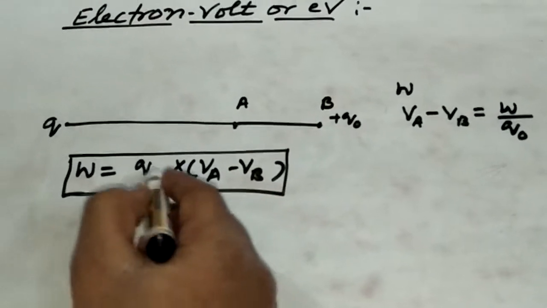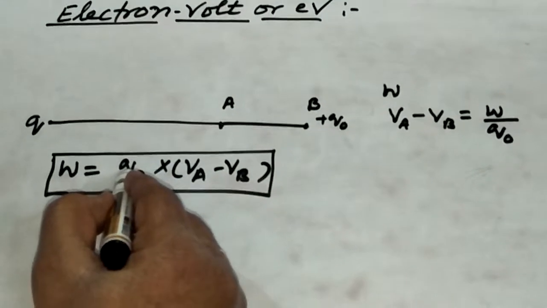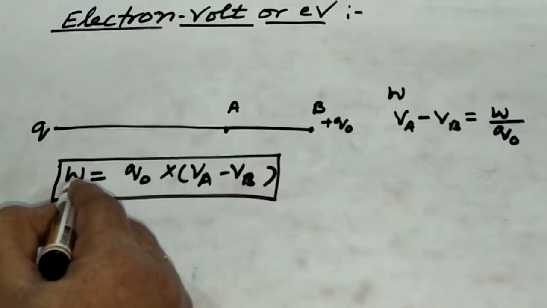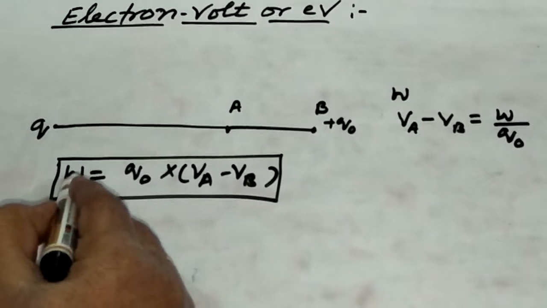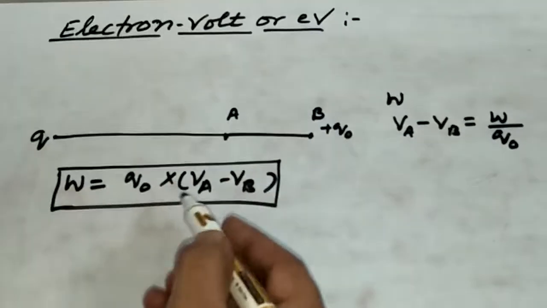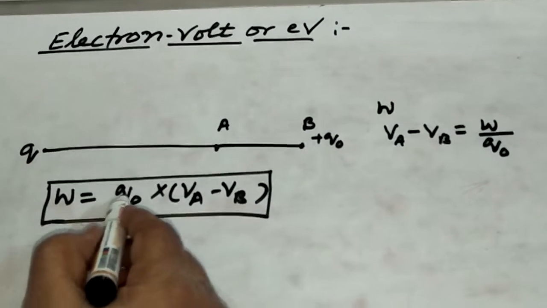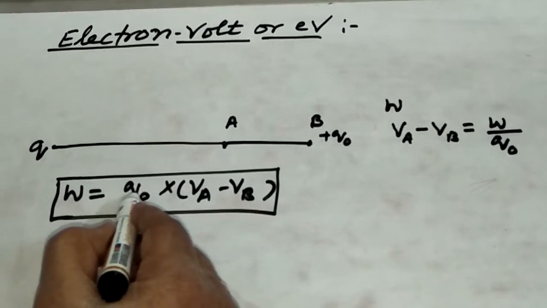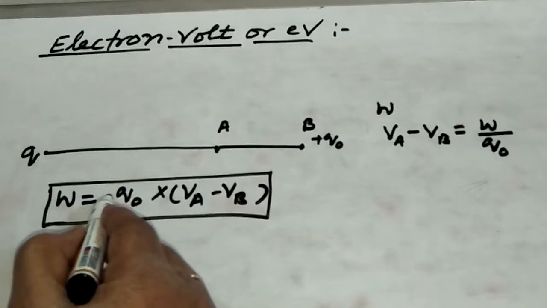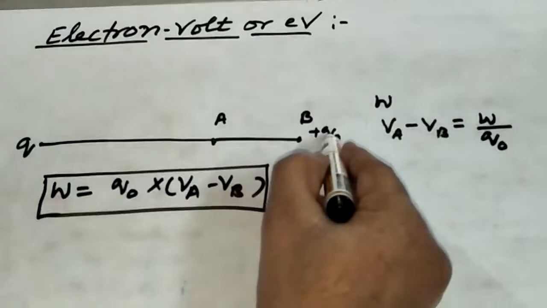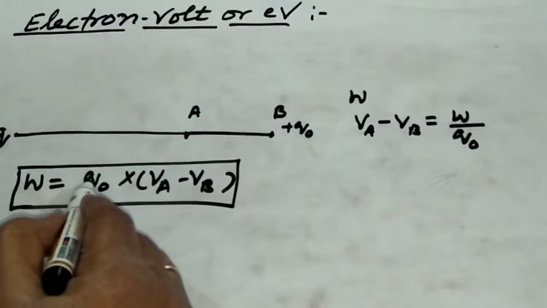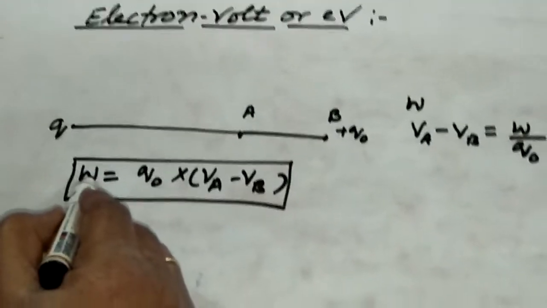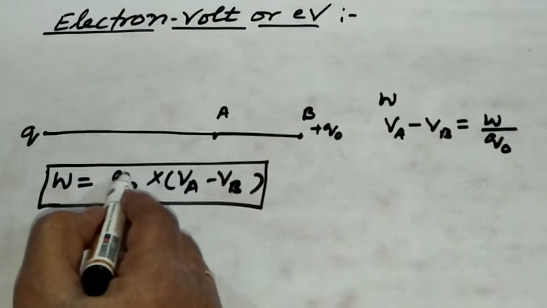And if Q naught is negative, then work done will also be negative. In this case, work is done by the electric field itself. So please be careful about this. When you take the charge Q naught, also mention a sign: plus sign for a positive charge, minus sign for a negative charge. In the same way you will get the value of W either positive or negative.